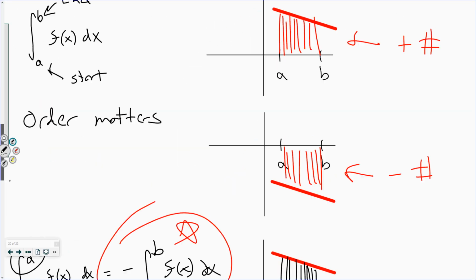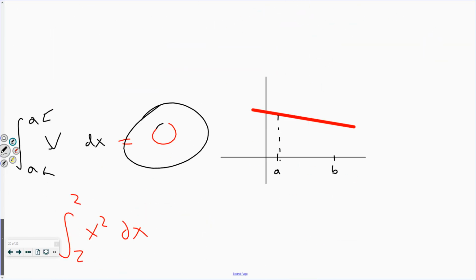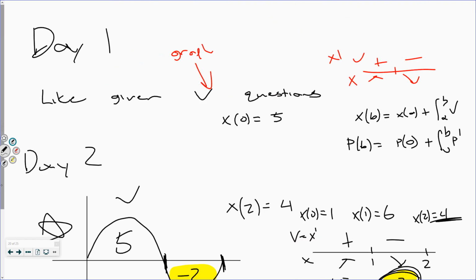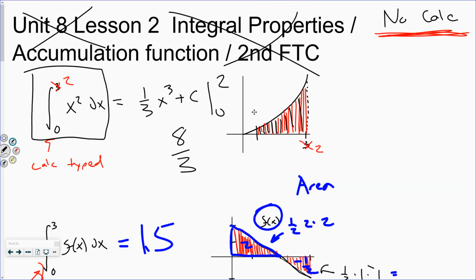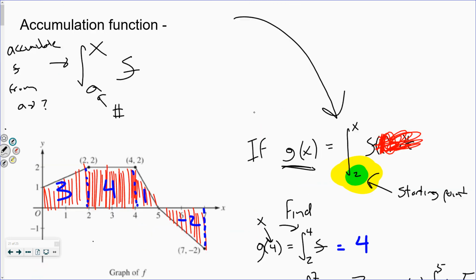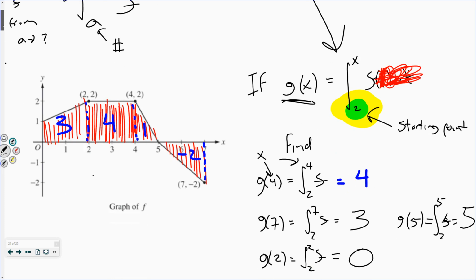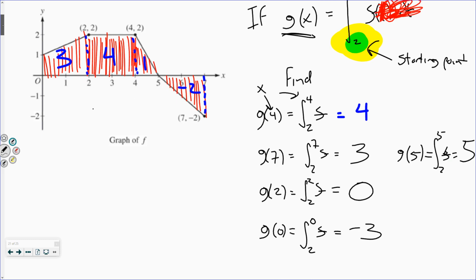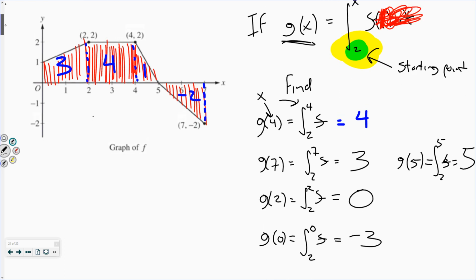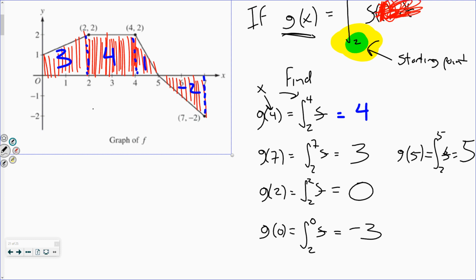That was your starting point that you had to use. You are getting a starting point with this 2. Now, what you're told is the position at time 2 is 0. Okay.